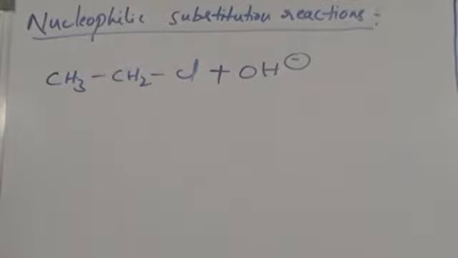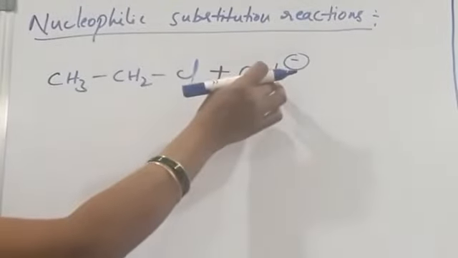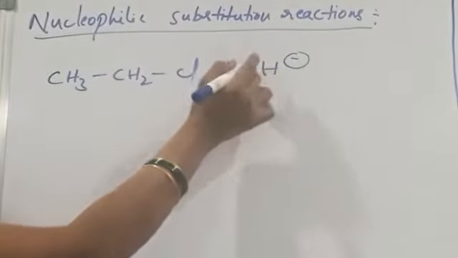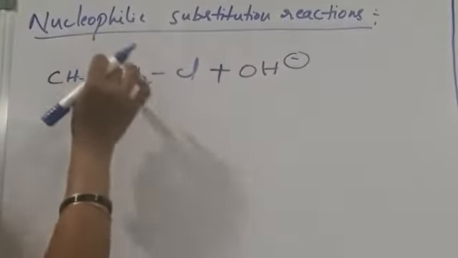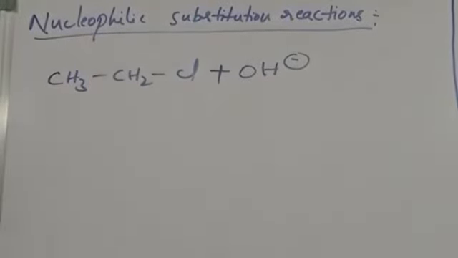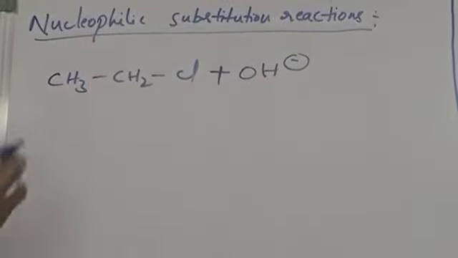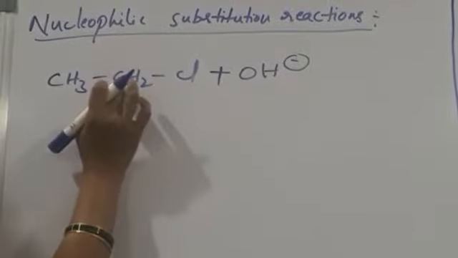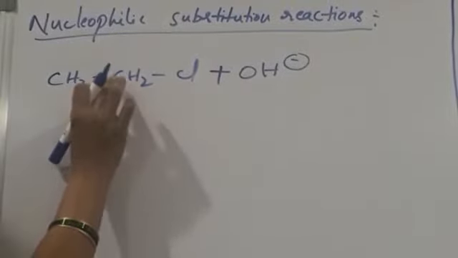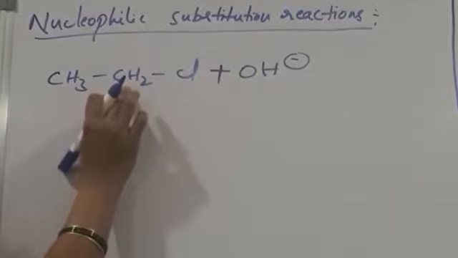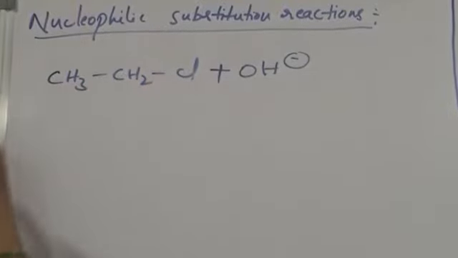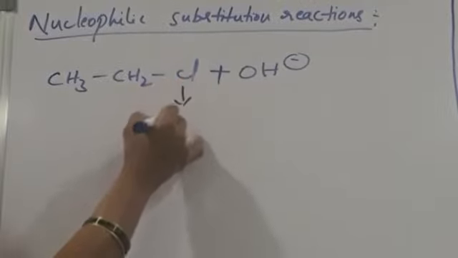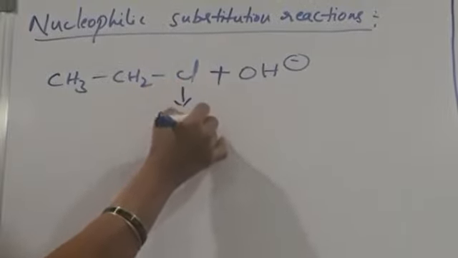Okay? So OH minus nucleophile donates a lone pair of electrons to the carbon atom. Okay? Other than hydrogen means here the carbon atom which is linked with an existing group, which is called leaving group. So here chlorine is called leaving group.